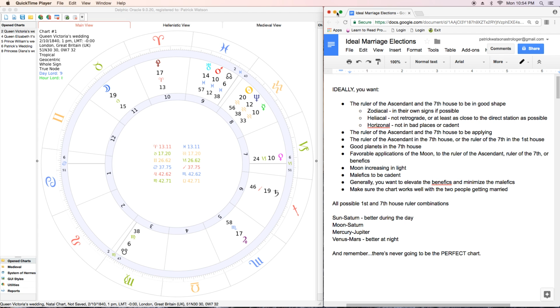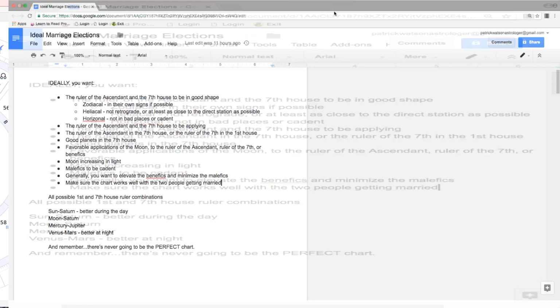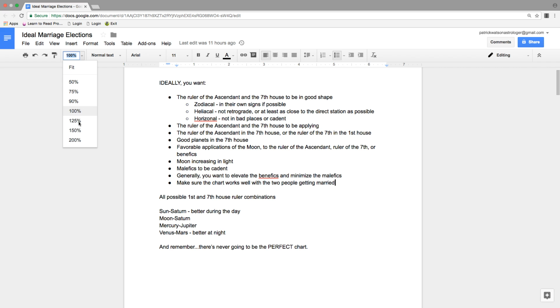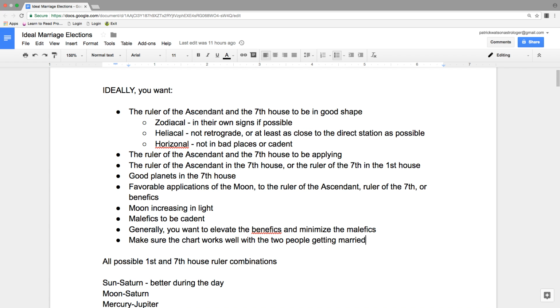So for any election, you're going to want to consider the ruler of the ascendant. The ruler of the ascendant shows you the basic nature and strength of the enterprise as a whole. So I'm using traditional rulers, and I'm also using whole sign houses for this discussion.